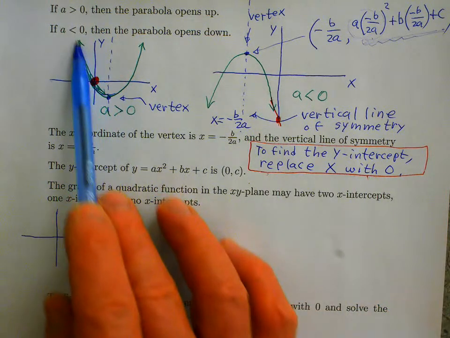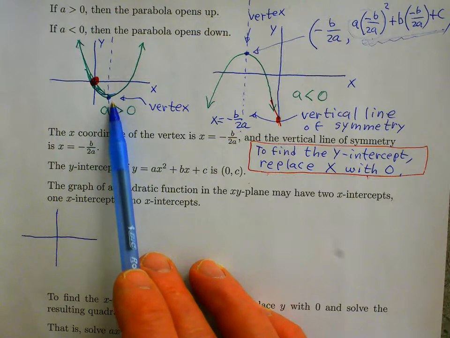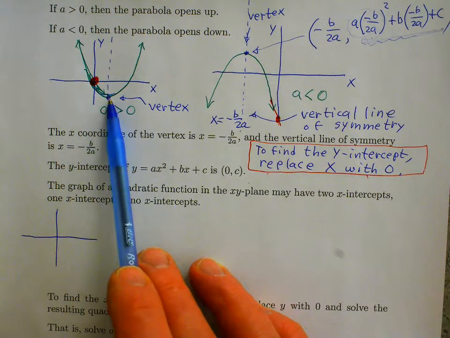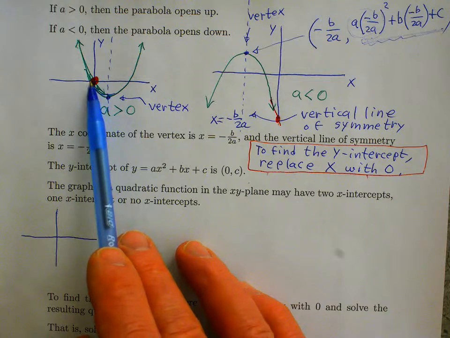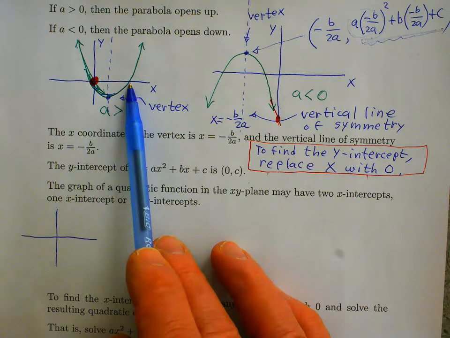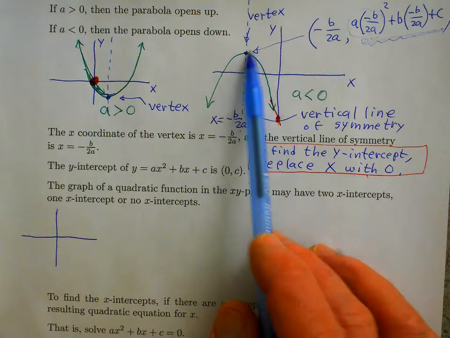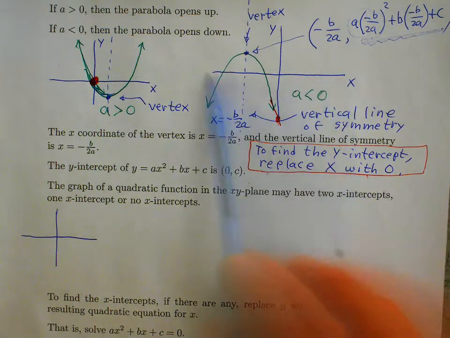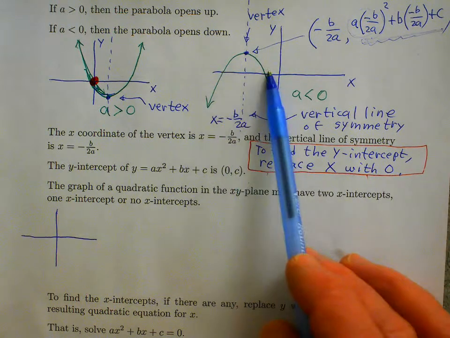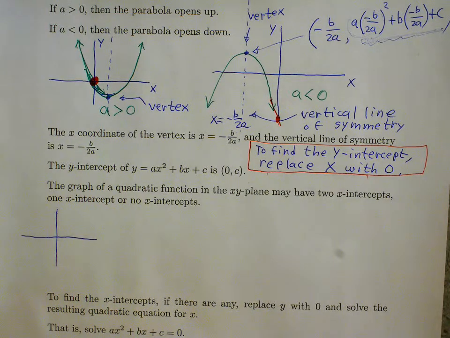If you have a parabola that opens up, if the vertex is below the x-axis, then you know that you have 2 x-intercepts. If the parabola opens down and the vertex is above the x-axis, then you'll have 2 x-intercepts. But I'll just draw another picture here.